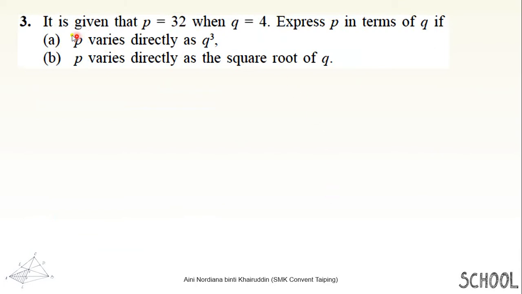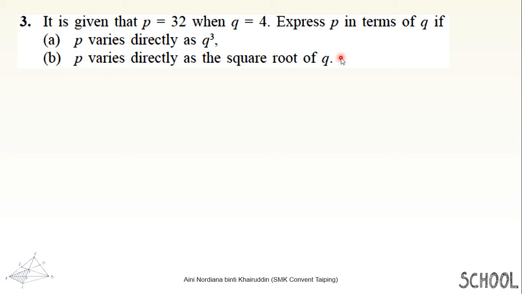Question number 3. It is given that P equals 32 when Q equals 4. Express P in terms of Q if P varies directly as Q cubed, and P varies directly as the square root of Q. For this question, I will show the example from my previous video.